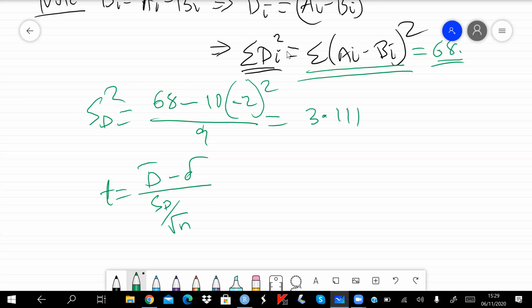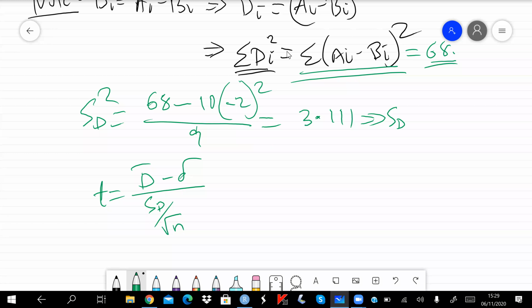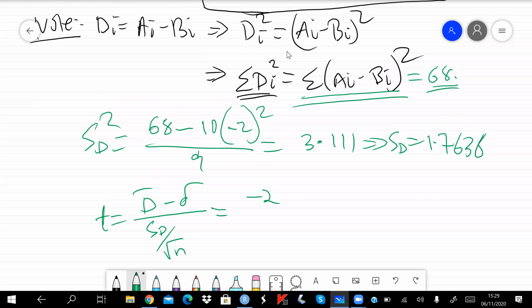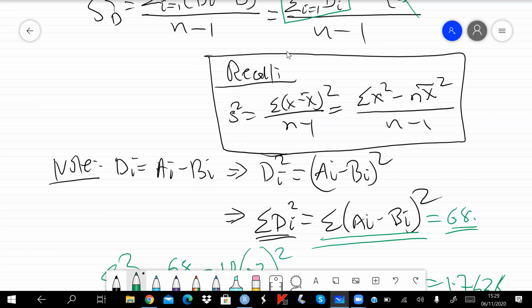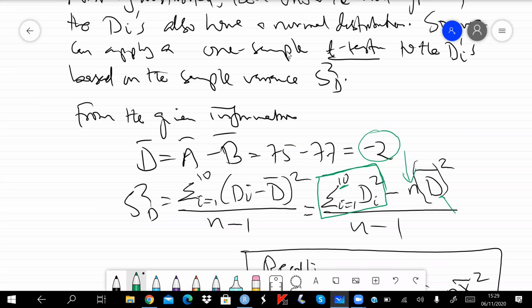If you take the square root of 3.11, you'll get 1.7638, something like that. And d bar, which you've observed, is minus 2, and delta, remember, is the hypothetical value used in the null hypothesis.